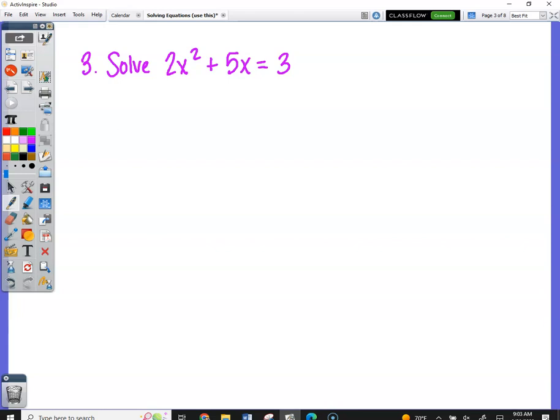No, it's got all 3 terms, so that's how you know you can't go that route. If you cannot solve it by square roots, you need it all to one side. So I'm going to subtract 3 over. Now you might say that you can factor it, and you actually can, but I don't want to factor it. I want to pretend like we can't factor it. We're going to do quadratic formula, okay?